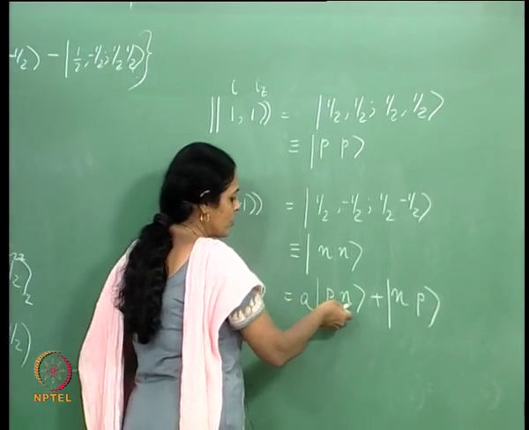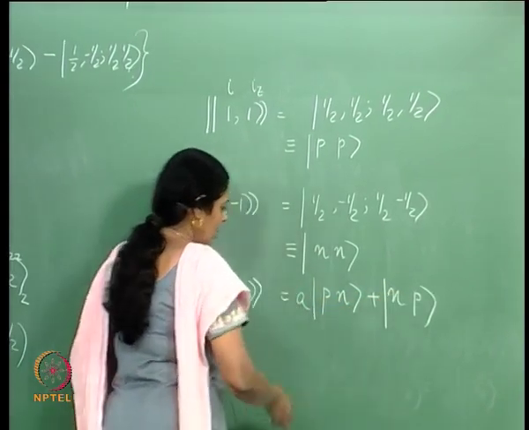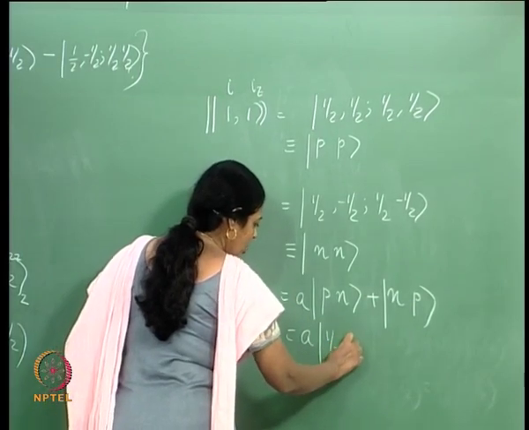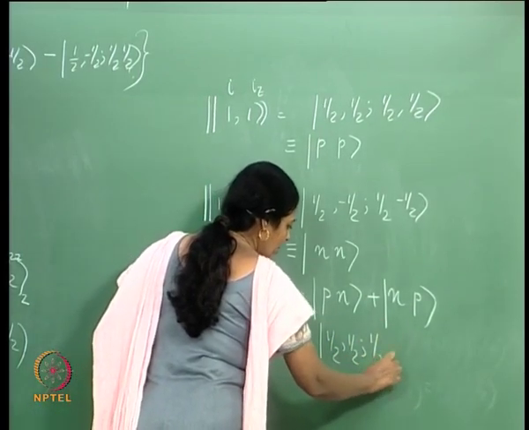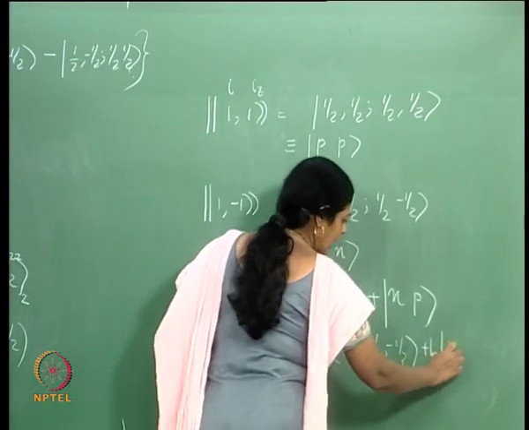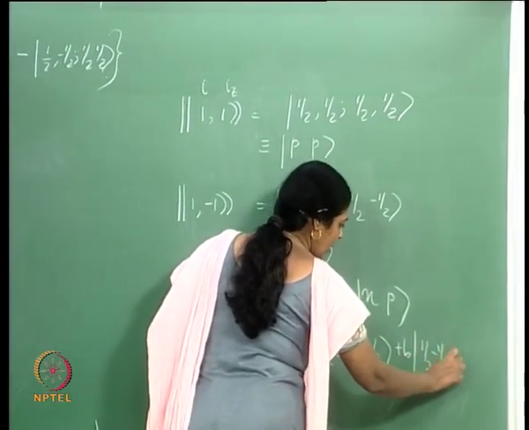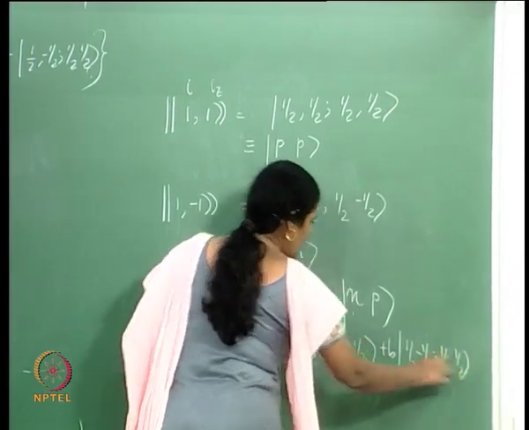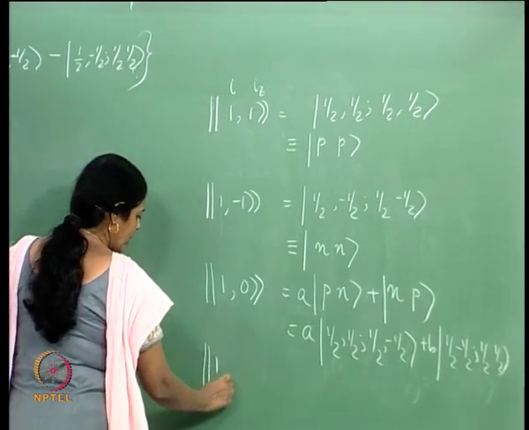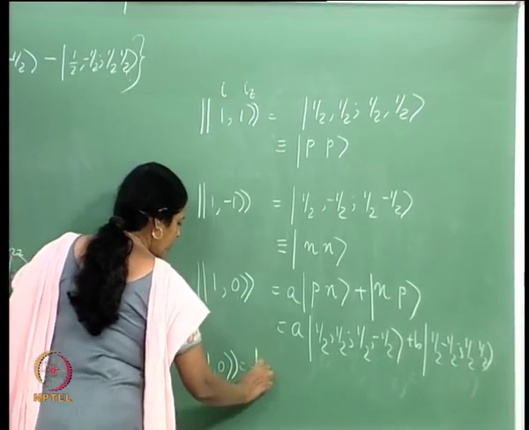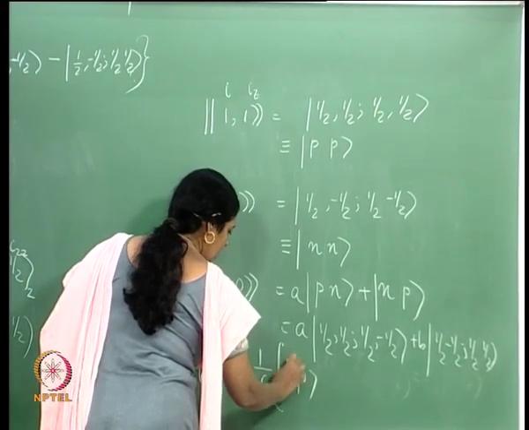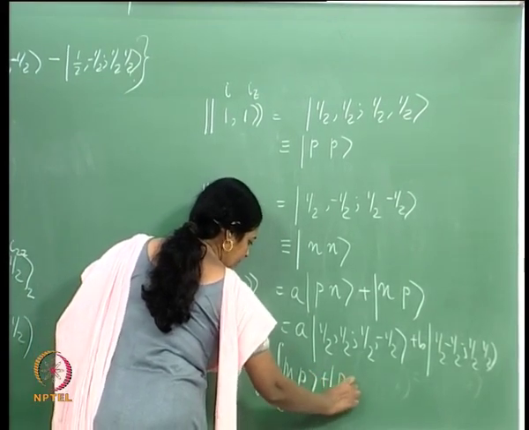This is for the first beam, second beam, first beam, second beam. But these are different states, because this is A times half, half, half minus half, plus B multiplying half minus half, half, half. But we had worked out these CG coefficients earlier, and we know that 1, 0 is simply 1 by root 2 times Np plus Pn.